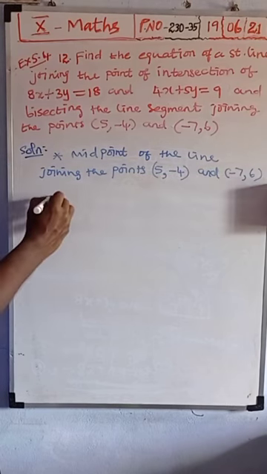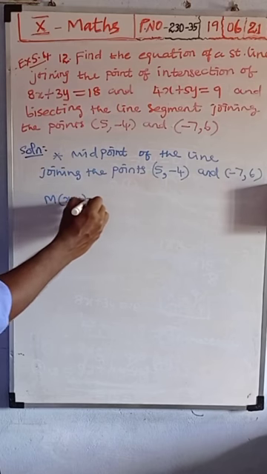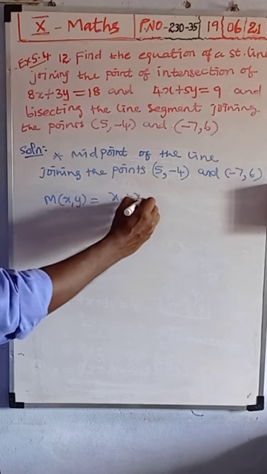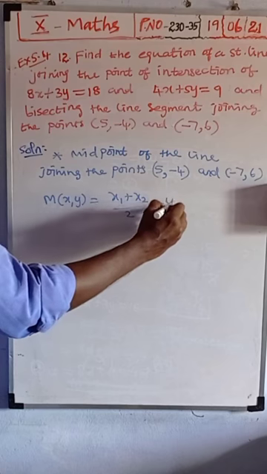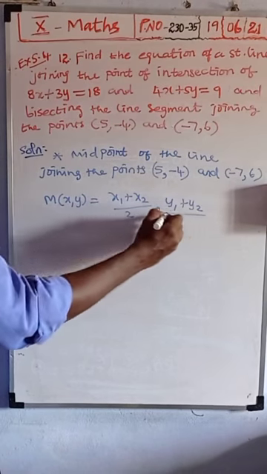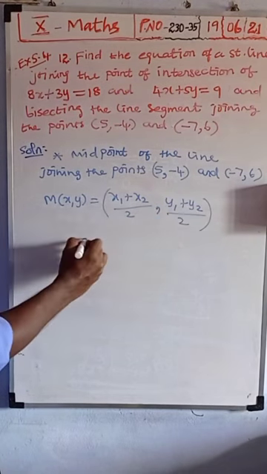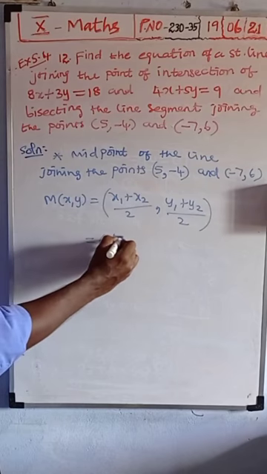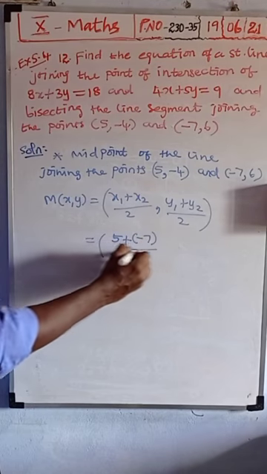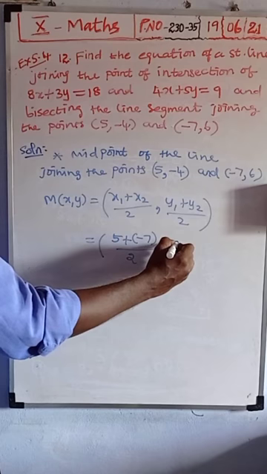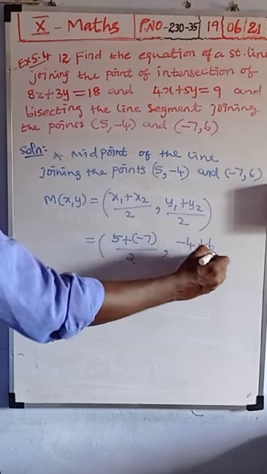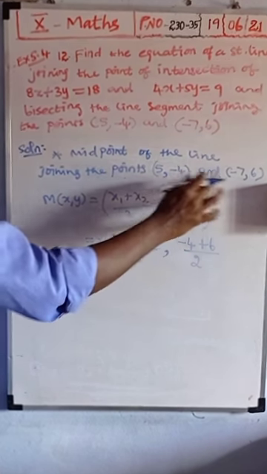So we know the midpoint formula. What is that? x1 plus x2 by 2 comma y1 plus y2 by 2. Now substitute 5 plus minus 7 by 2 comma minus 4 plus 6 by 2. This is x1 y1 x2 y2.